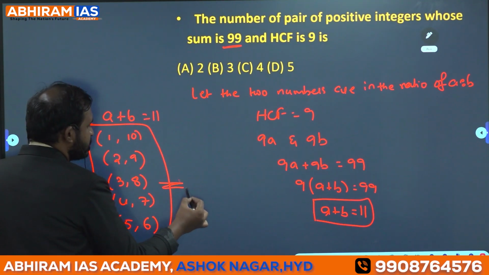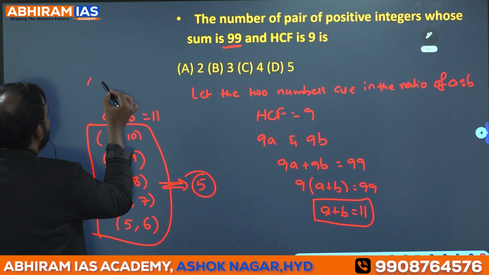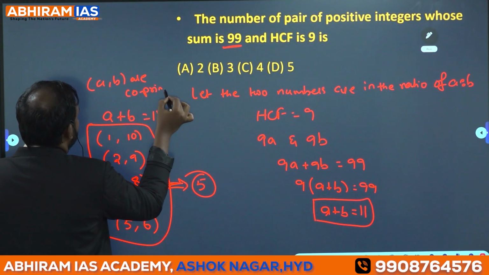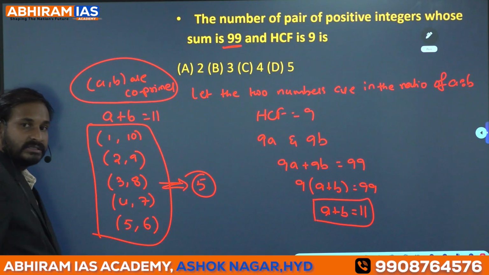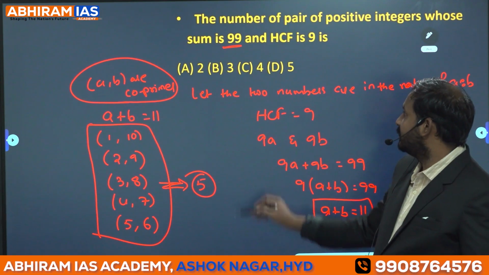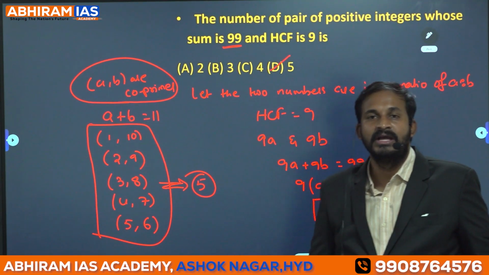Total how many pairs now did I get? 5. How have I written these pairs? The first thing is A comma B are co-primes, and their sum is equal to 11. So with this I came to know that such pairs possible here are 5.